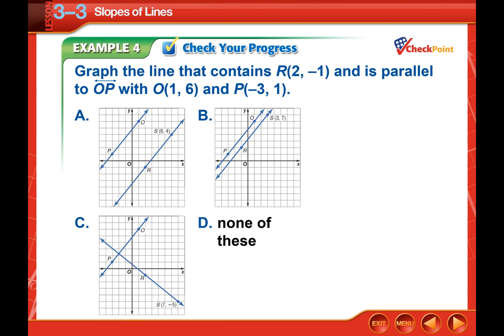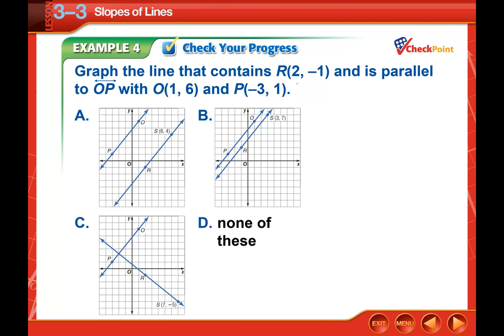We need to find which graph contains point R at (2, -1), and is parallel to line OP with points O at (1, 6) and P at (-3, 1).